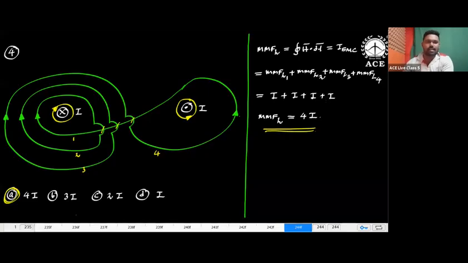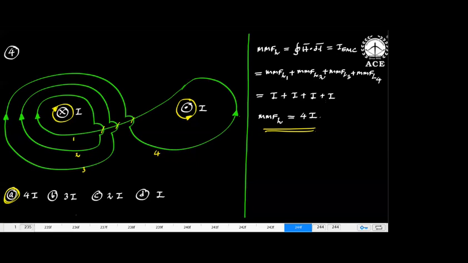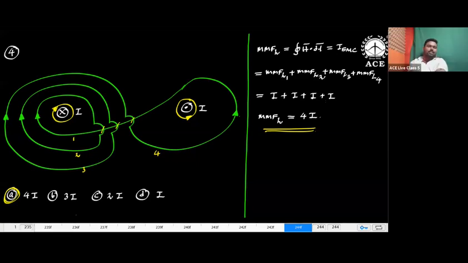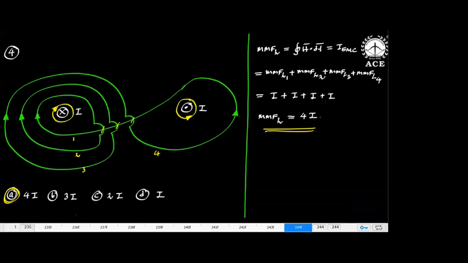Hello, sir. Sir, the same slide, the last slide, the last problem. Sir, if this loop does not overlap, suppose the fourth loop, we have got the dot I on the right side, then will it cancel, or what happens, sir?